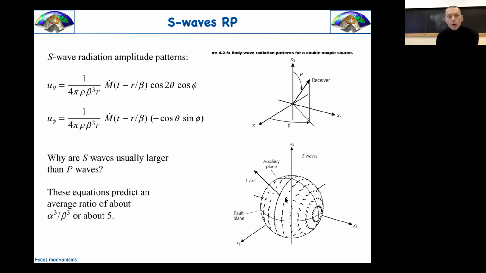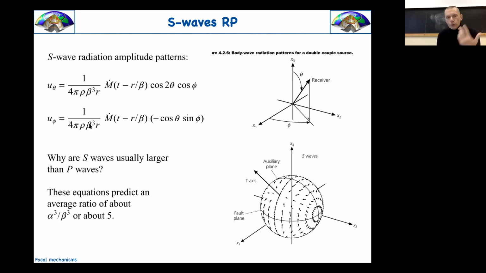As I was telling you, please remember that here, in this very simple, elastic, infinite, isotropic, perfectly elastic domain, here we have beta cube, and for P, we have alpha cube.